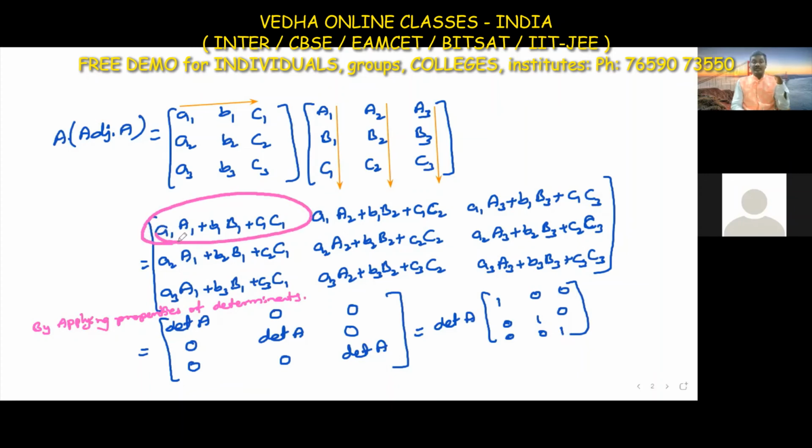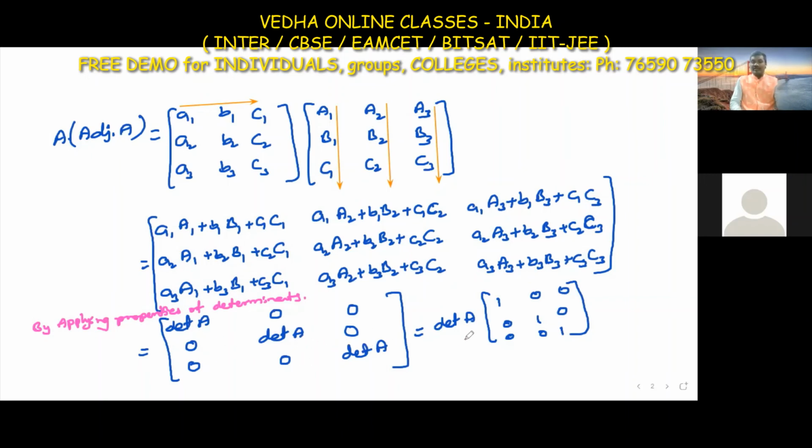So small a1 with capital A1, small b1 with capital B1, small c1 with capital C1, and similarly a2 with A2, b2 with B2, c2 with C2, a3 with A3, b3 with B3, c3 with C3. In all the remaining cases, the elements and cofactors do not correspond, so the values are equal to 0. That is the property.